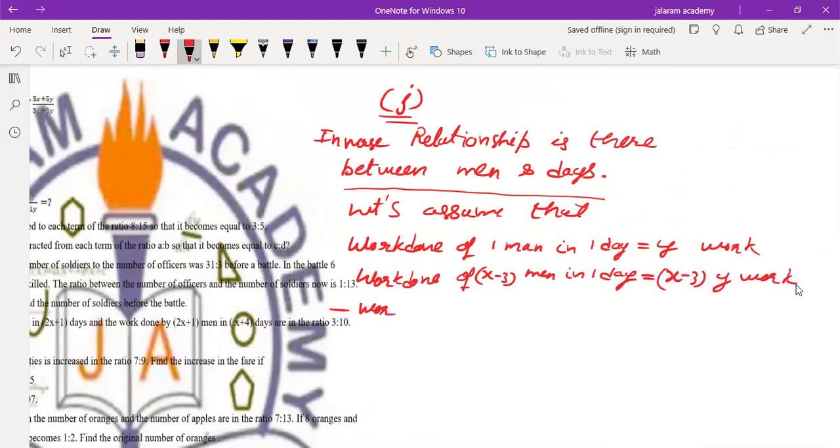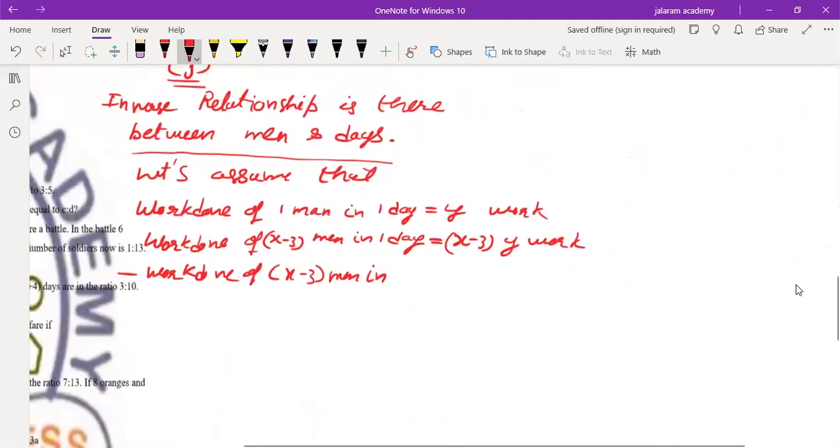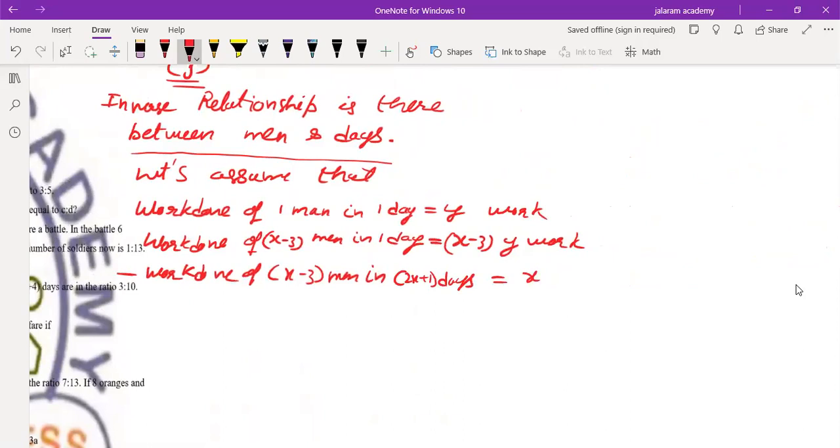Again, the work done by x minus 3 men in 2x plus 1 days will be x minus 3 into y into 2x plus 1 work. So it is also a direct relationship. Why? If the number of days increases, the work done also increases. That's why we are multiplying again.